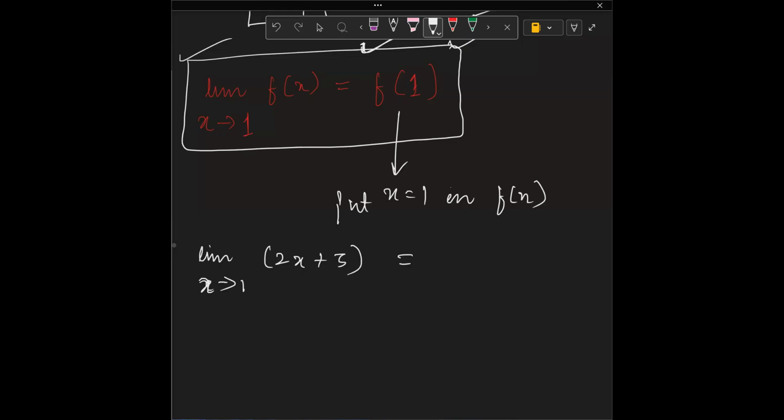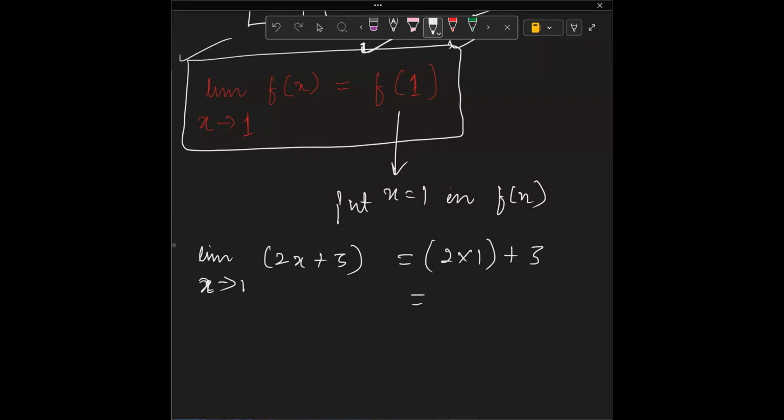We directly put the limit, that is 2 into 1 plus 3. Until we get some undefined or irrelevant quantity according to mathematics, we can directly put the value of the limit inside our function.